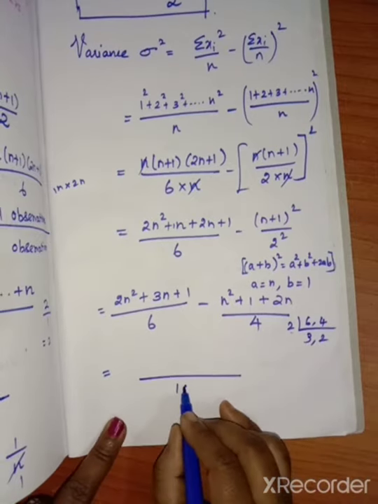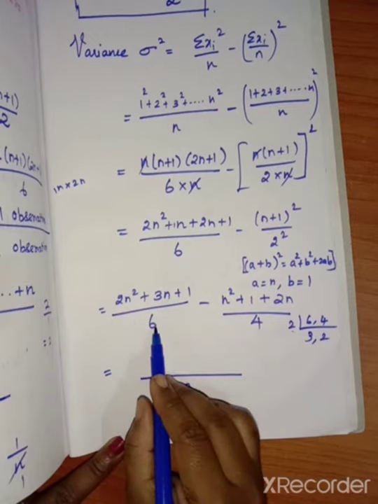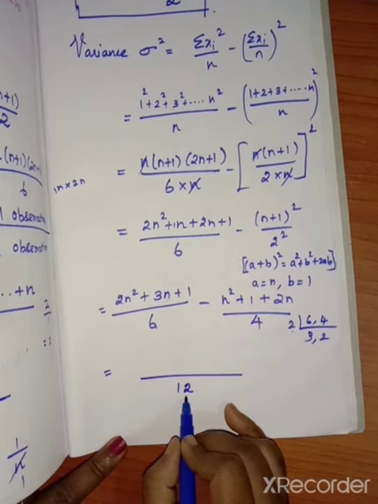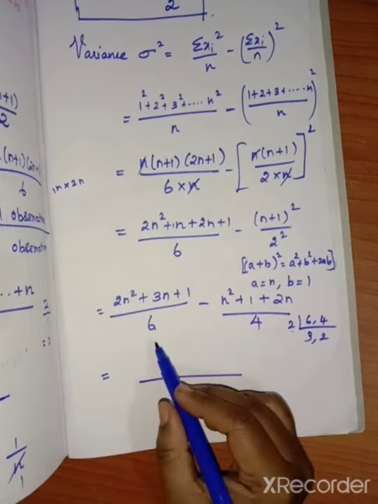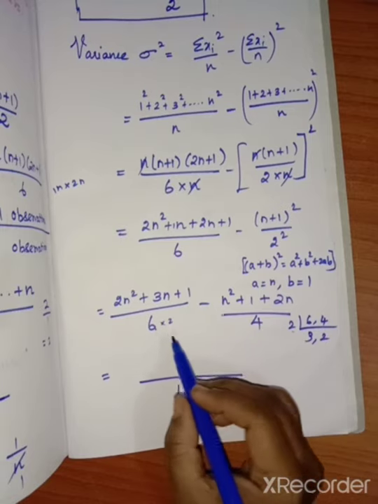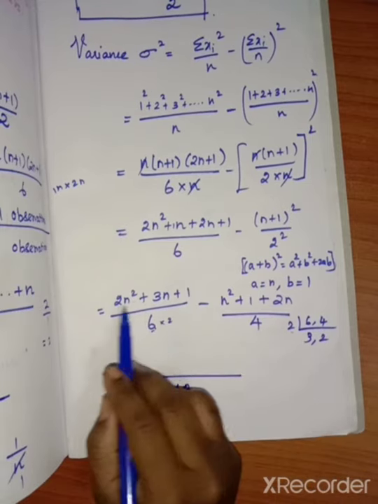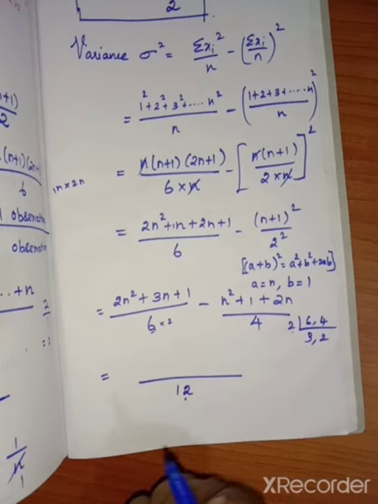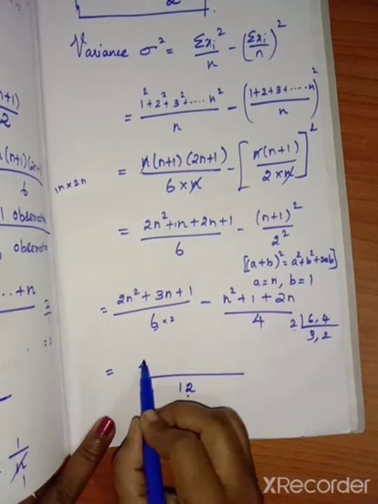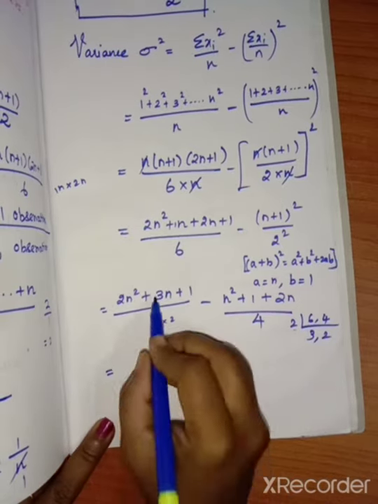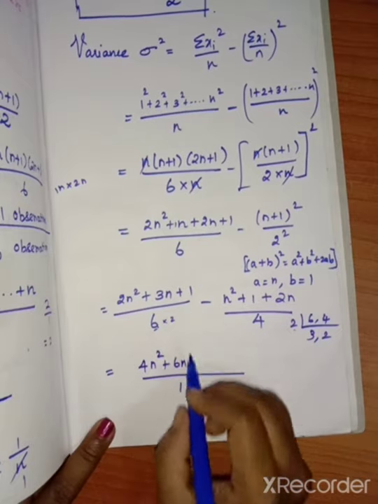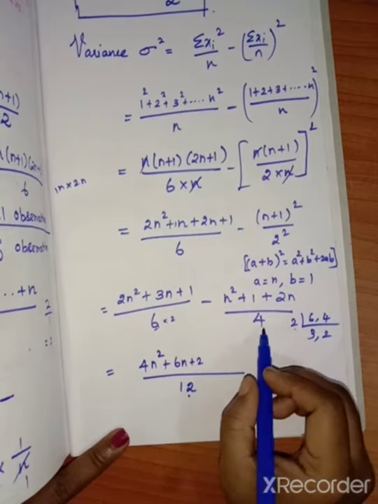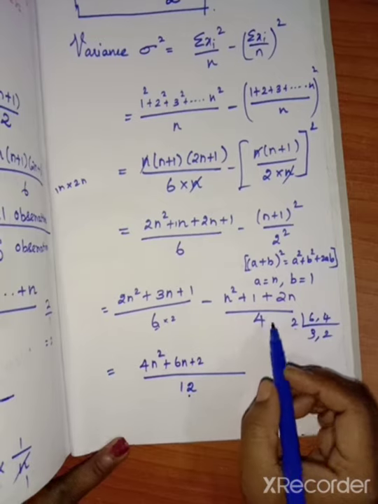So 12 is the denominator. Here for the 6, we have 12, so in which table do we get 12? That is 2, 6 2s are 12. So for the numerator also we have to multiply with 2. So 2 2s are 4n squared, plus 2 3s are 6n, plus 2. Likewise here we have a 4.